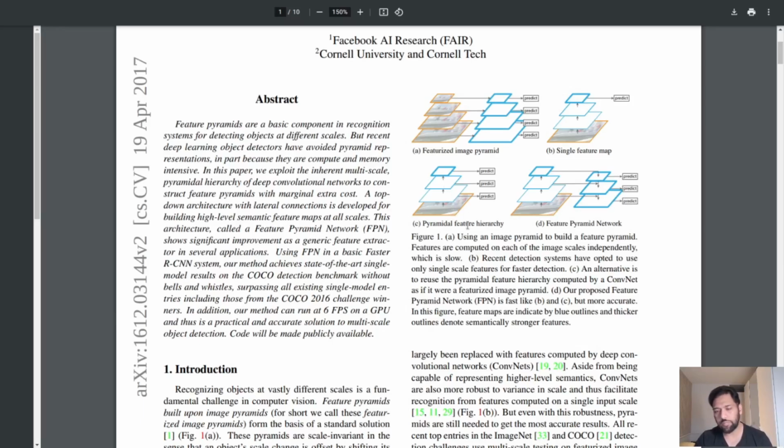As the images go through these different layers, the spatial dimension is reduced, so these features are smaller in spatial size, but the number of channels or features increases. And the idea is that for the bigger features we can detect smaller objects, and for smaller features we can detect bigger objects. So that's the main idea of having this multiple feature pyramid.